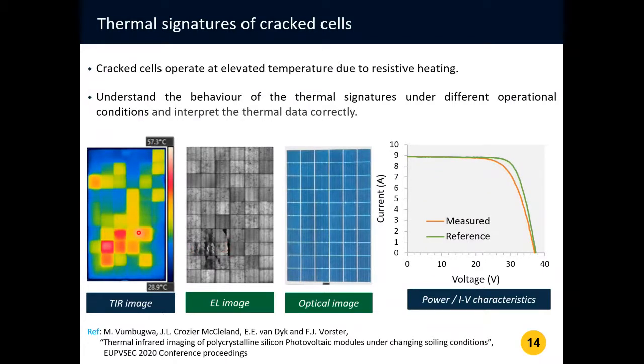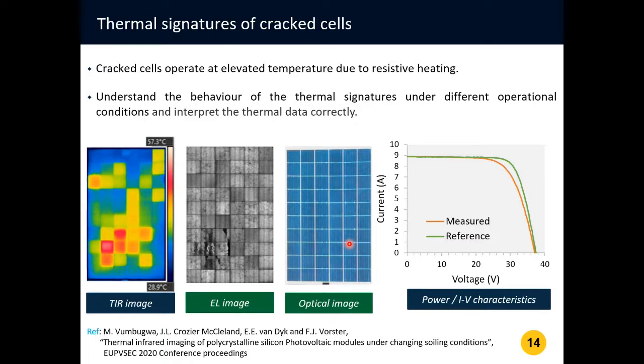The hot cells actually underperform, and they resulted in the module IV curve not matching the expected IV curve, and no optical impediment or any visual anomaly was seen on this image. So these cracked cells and dark cells caused underperformance on the module.